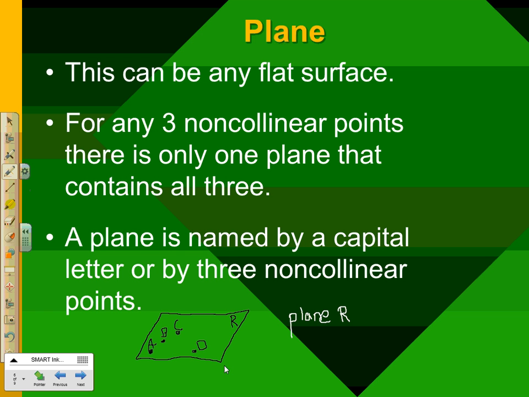The other way I could name it is with 3 non-collinear points. So I could call it plane... What's one set of points that I could use that are non-collinear? BCD could work, so jot that one down. BCD. Are there other combinations that I could use?